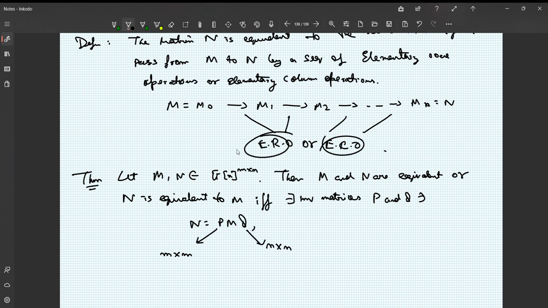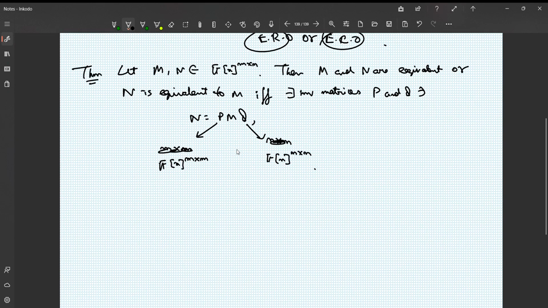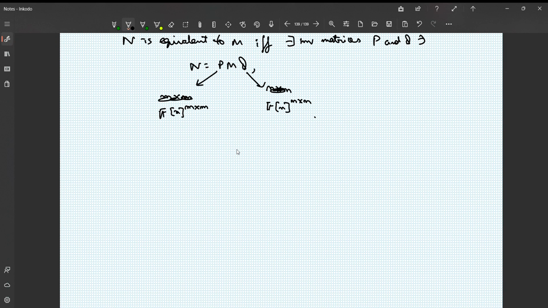Obviously, observe that P is an m cross m matrix over the polynomial algebra, and Q is an n cross n matrix over the polynomial algebra. So P comes from this and Q comes from this, right? Clear?